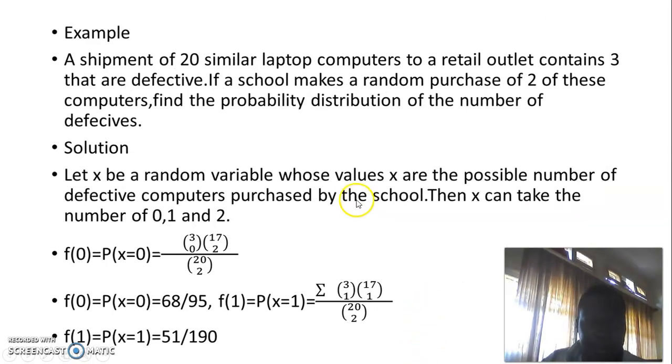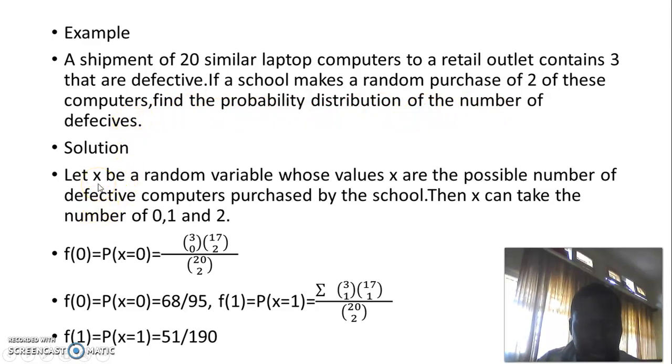For example, a shipment of 20 similar laptop computers to a retail outlet contains 3 that are defective. If a school makes a random purchase of 2 of these computers, find the probability distribution of the number of defectives.